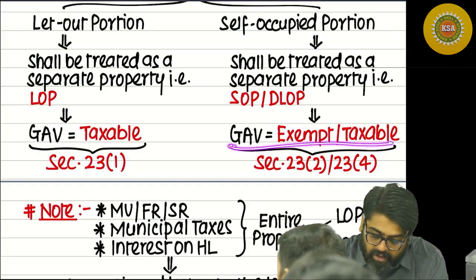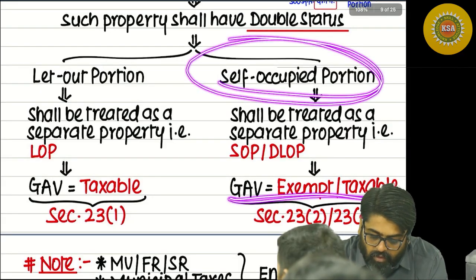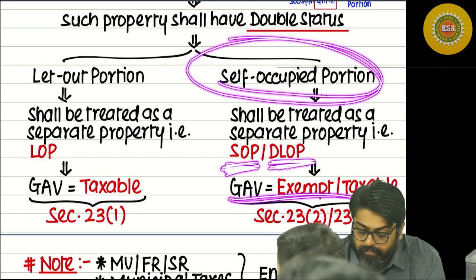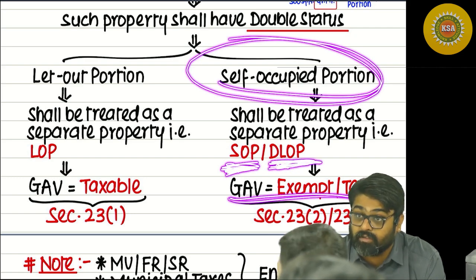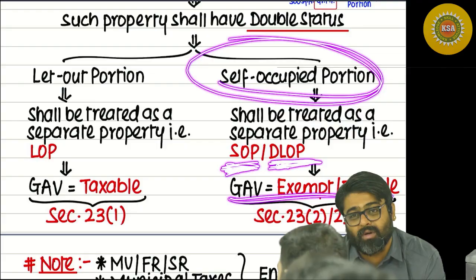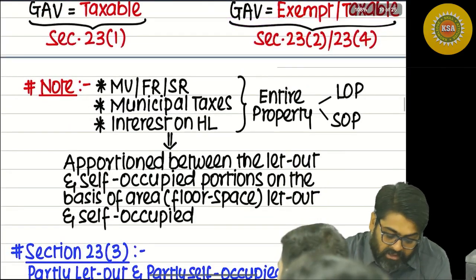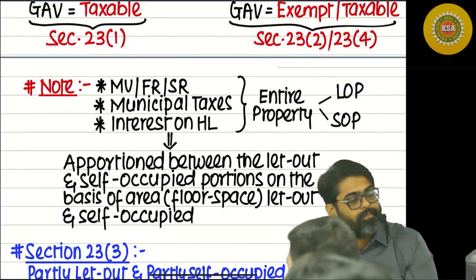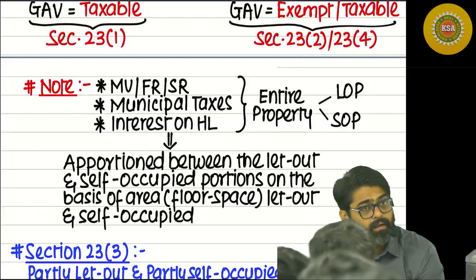And the GAV of the self-occupied portion can be exempt also and it can be taxable also if it is considered as DLOP. Yes or no? So now please pay attention, this note is very important. Very important.